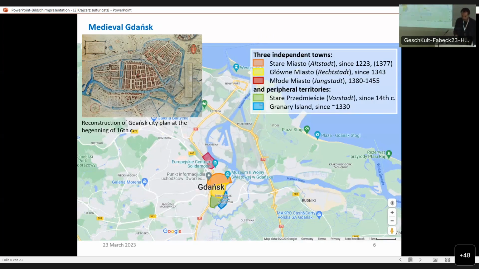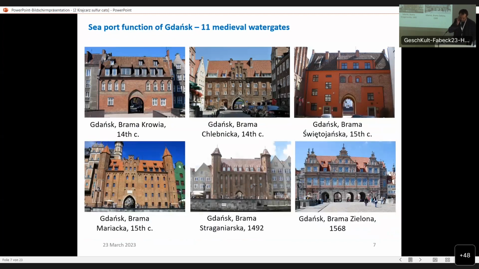And also in blue, the so-called Granary Island, where most of the towns' granaries were located. It was about 5 kilometers from the sea, but with a very good connection to the sea through the rivers. And Gdańsk was strongly connected with the sea and with the seaport. There are still many preserved so-called water gates in Gdańsk, gates that served as a connection between the town and the docks.